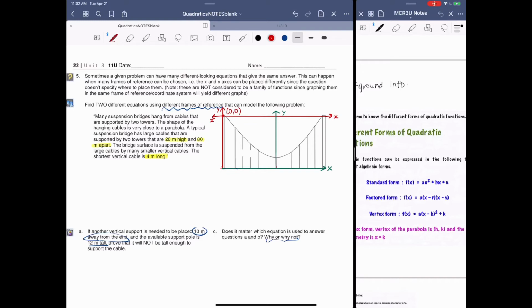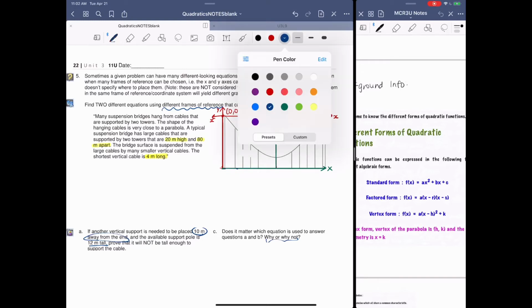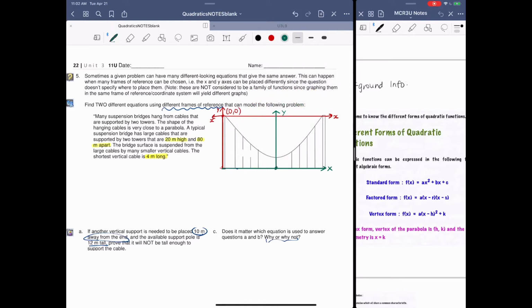My green version says, well, let this part be the origin. So you can have a drawing of a graph, but you can put the axes differently. And in certain ways, it might make more sense in one way, and in certain ways in a different way. There's not really a wrong way, but it's just about perspective.